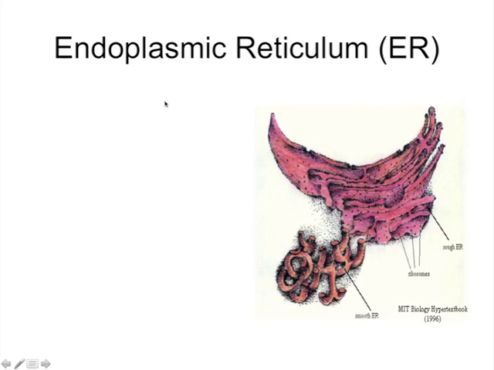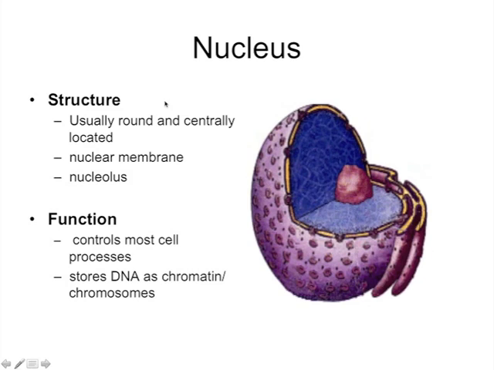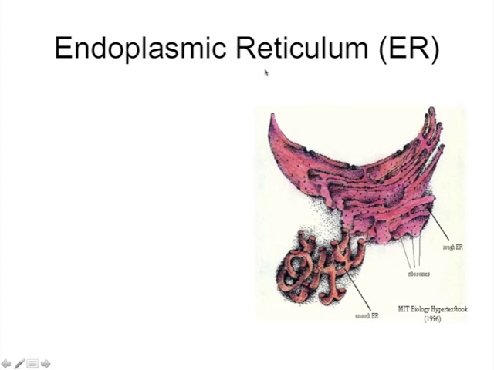But if you go back and look at our picture of the nucleus, if you see this little part right here sticking out from the nucleus, this is actually part of the endoplasmic reticulum. So the nucleus would sit right here, and the endoplasmic reticulum would wrap all the way around it, and then just kind of extend off in all different directions from that nucleus.